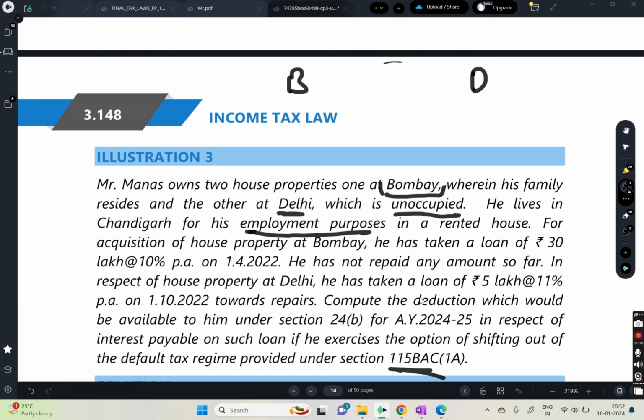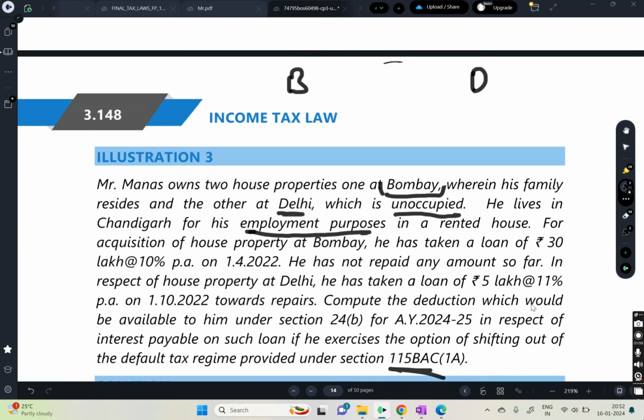For acquisition of the house property at Bombay, he has taken a loan of 30 lakh at the rate of 10% per annum on 1/4/2022. He has not repaid any amount so far.